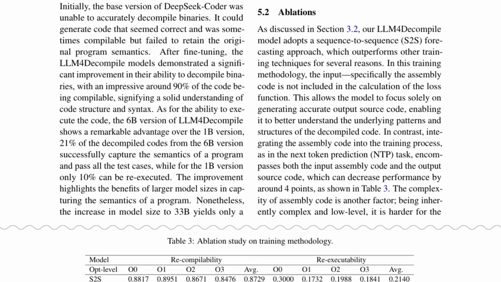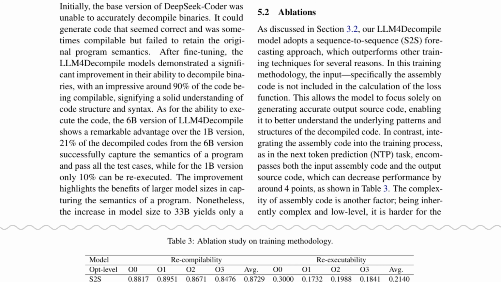5.2. Ablations. As discussed in Section 3.2, our LLM4Decompile model adopts a sequence-to-sequence forecasting approach, which outperforms other training techniques for several reasons. In this training methodology, the input, specifically the assembly code, is not included in the calculation of the loss function.